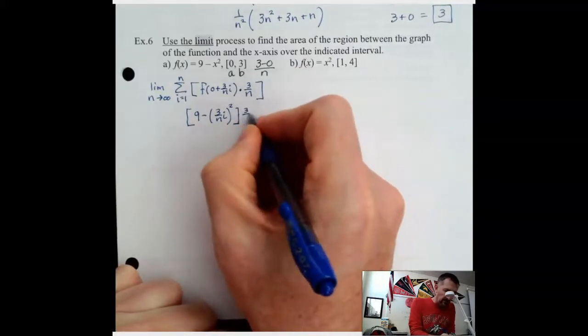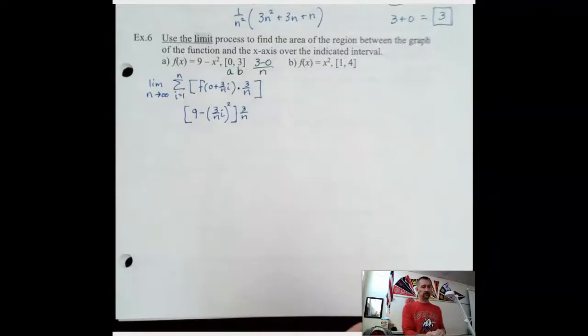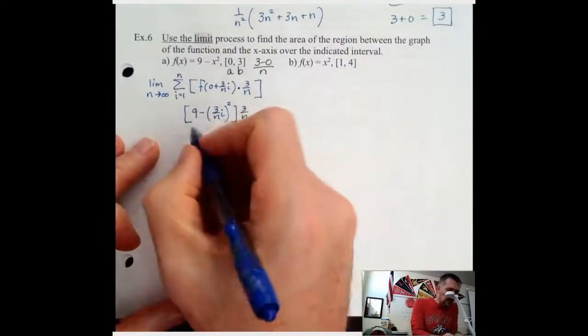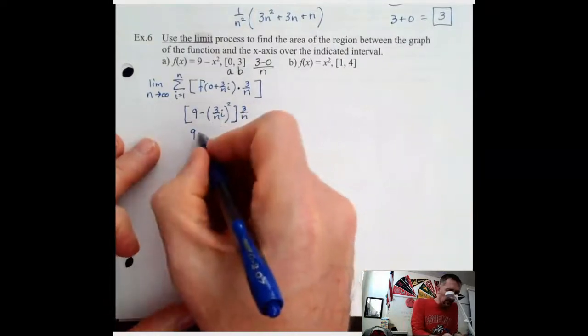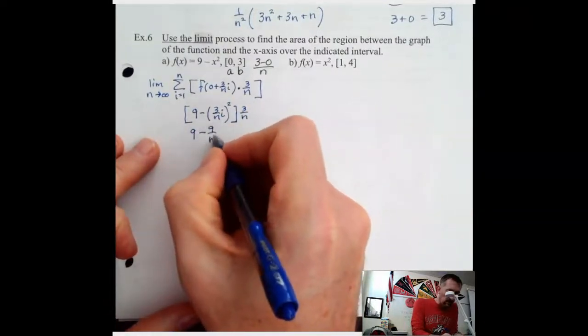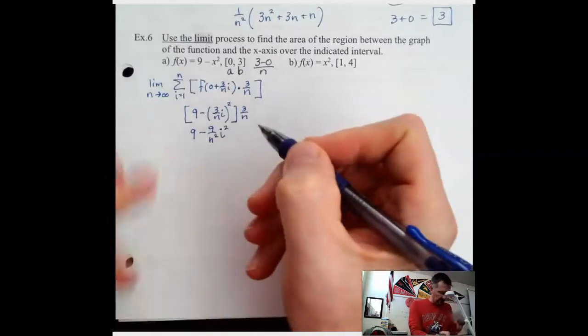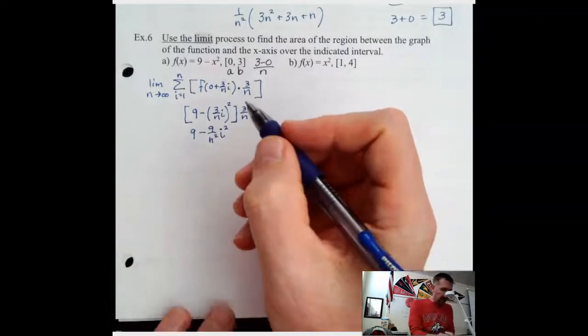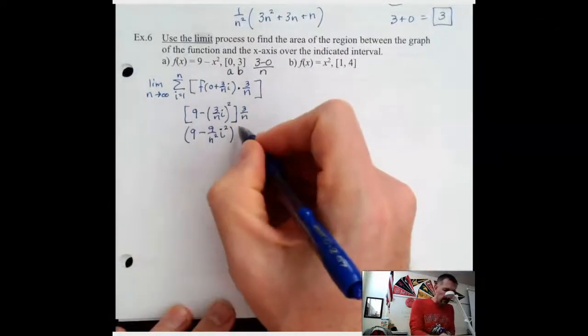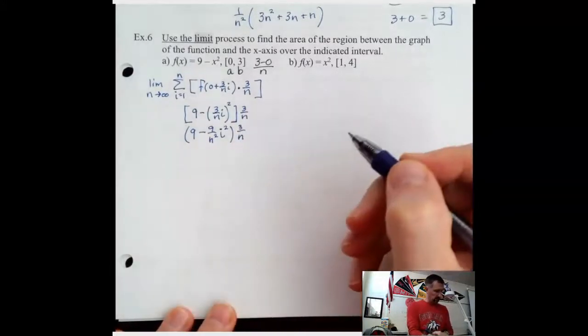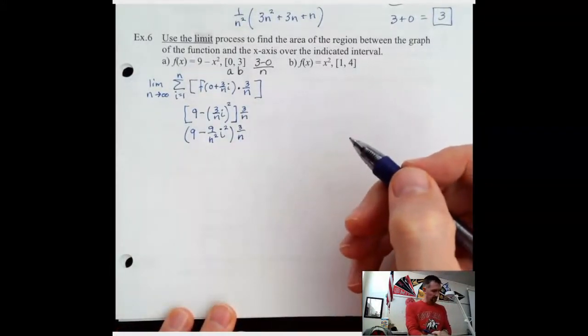And then we have 3 over n right here. So if we square that, we would get 9 over n squared times i squared, times 3 over n.